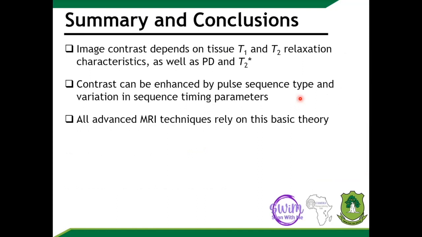The contrast we see in the image can be manipulated through pulse sequence timing parameters, depending on the pulse sequence type we use, which give rise to T1 and T2 relaxation effects, and also the presence of proton density and T2 star effects, which are due to B0 inhomogeneity and T2 relaxation effects. Any advanced MRI technique you come across will use this basic theory.